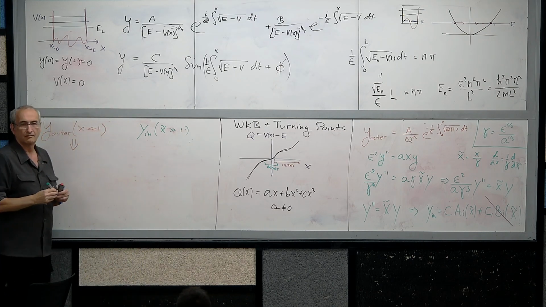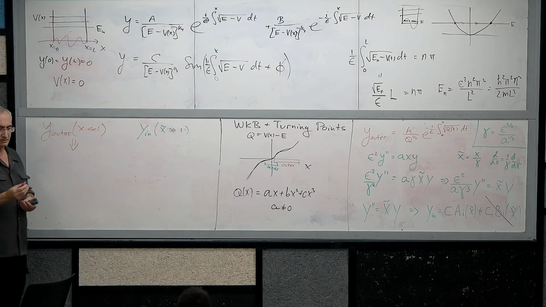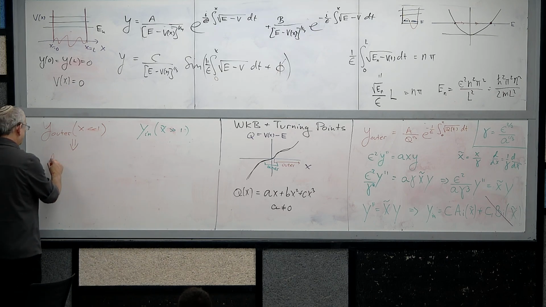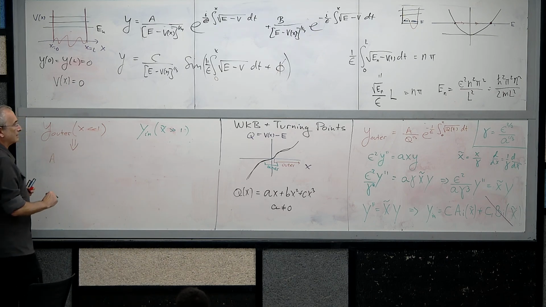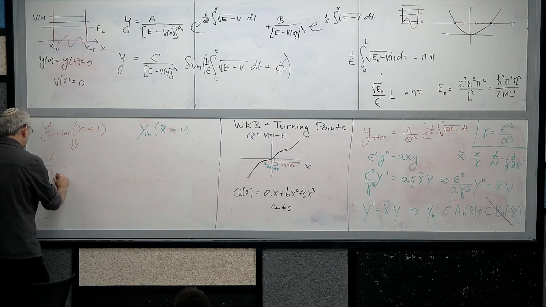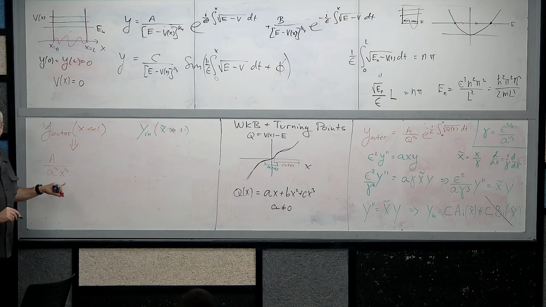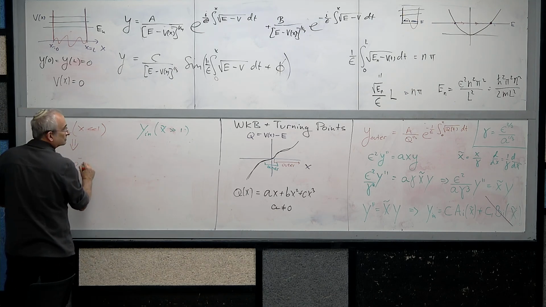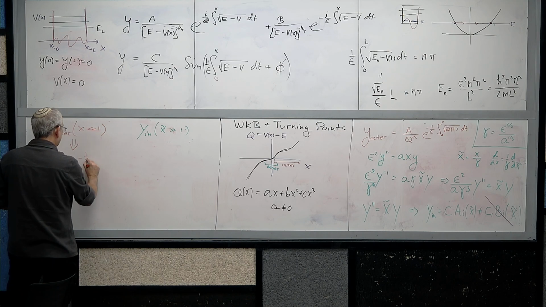Does the integral just pop out? Okay, let's see. I have A divided by Q. But when x is very small, Q to the 1 quarter is A to the 1 quarter, x to the 1 quarter. You see? Okay? And now I have e to the minus 1 over epsilon.